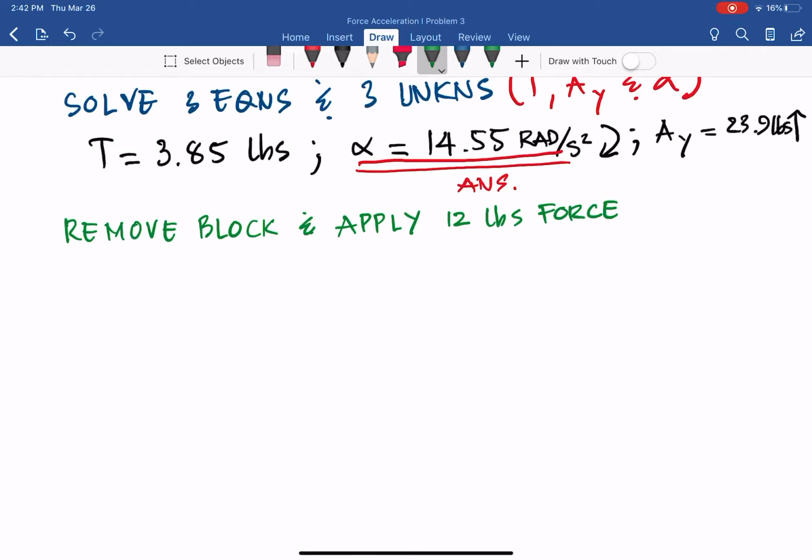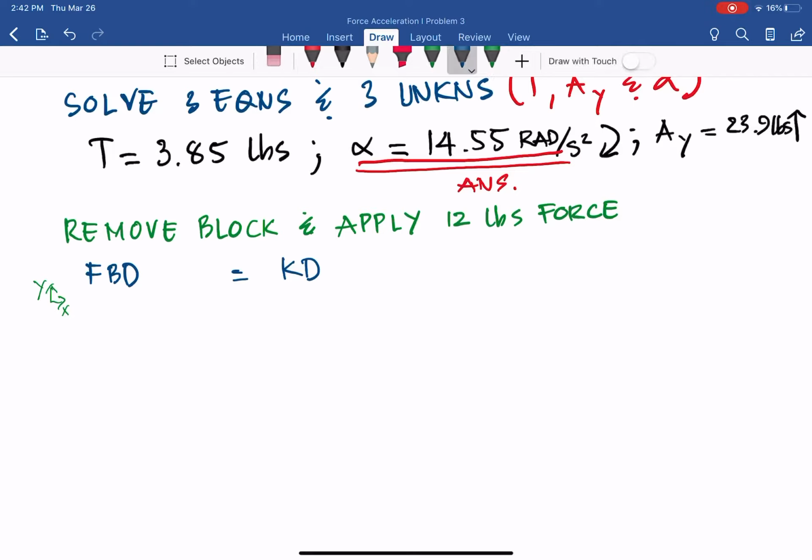Of course now it's only one rigid body, which is the drum. The block is already removed, so you only have one free body diagram and one kinetic diagram. As you can see, the same step: free body diagram equal to kinetic diagram, and you still have x, y direction.